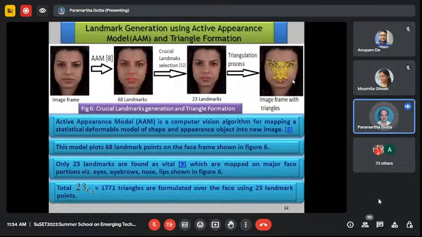It gives a 23C3 dimensional vector, a signature vector. If we deal with some sort of distance, then it is a distance signature; if we deal with something else, then it is a signature based on that, and so on. This 23C3 means 1771 triangles are formulated. So that is what our background is all about.